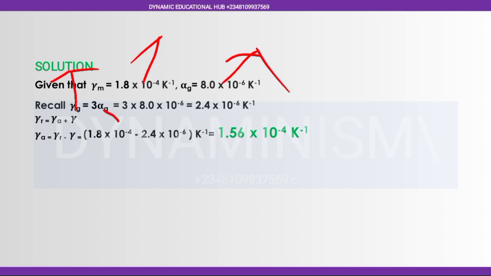You substitute that value to get the cubic expansivity of your glass. 3 times 8.0 is 24, and 24 times 10 raised to the power minus 6 is 2.4 times 10 raised to the power minus 5. Sorry about that, it should be minus 5.